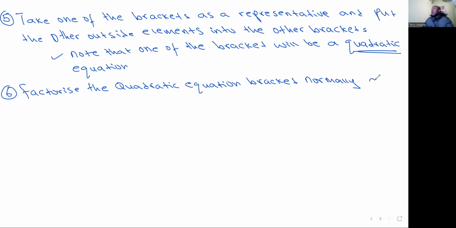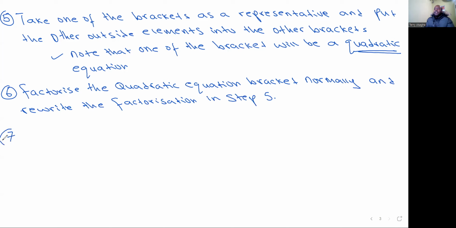And after that, you then rewrite the factorization in step 5. And finally, you then equate each bracket to 0 if you're asked to solve.